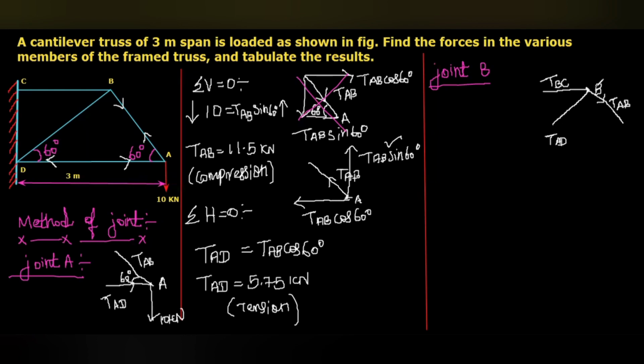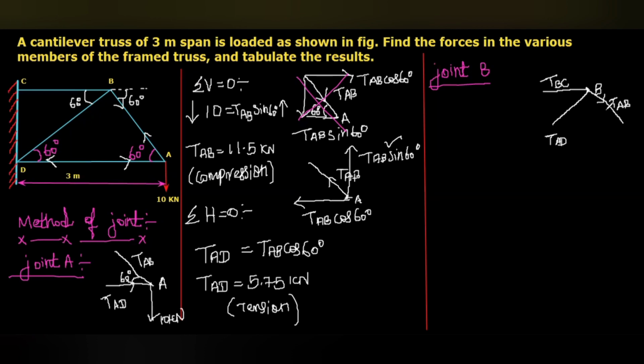And here you can see with respect to the horizontal, this is 60 degree. Then this is also 60 degree, because if this is 60, then we can write this angle also as 60 degree. If this is 60 degree, with respect to B, this TAB will also act at an angle of 60 degree. So these two inclined forces are acting from the horizontal at point B with an angle of 60 degree. This is the known value, direction wise and magnitude.